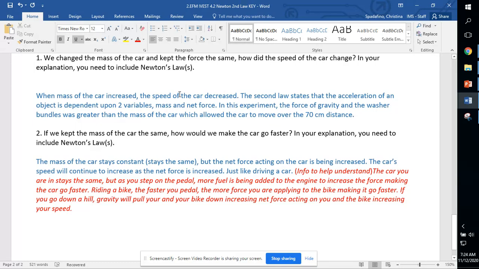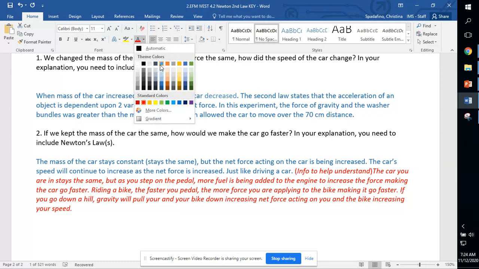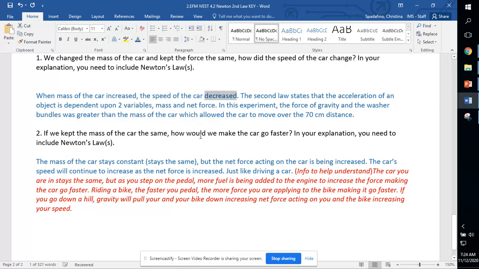Do not delete your original answer. Please add to it. And I like that some of you, say you missed the word decreased, will add that in and indicate that by putting it in a different color. That's a very good strategy, those of you that do that.